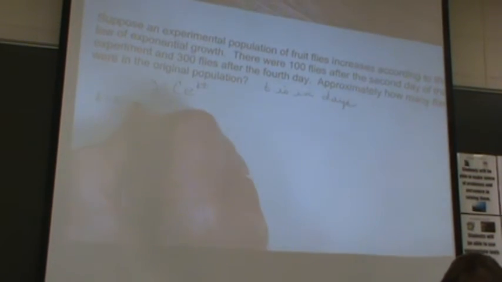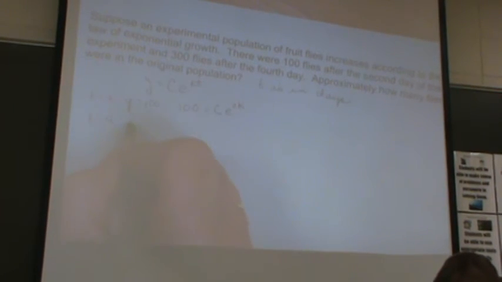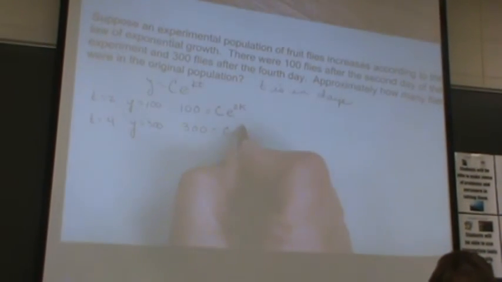When t is 2, y is 100, so we know that 100 is going to equal c e to the 2k. What else do we know? T is 4, y is 300. Okay, so we also know 300 is equal to c e to the 4k.